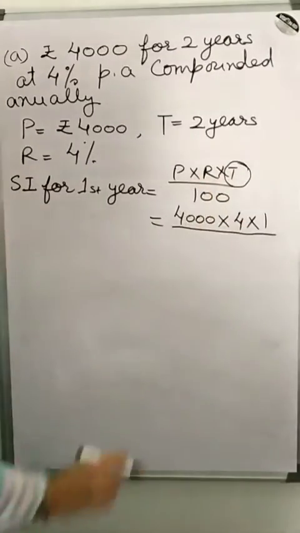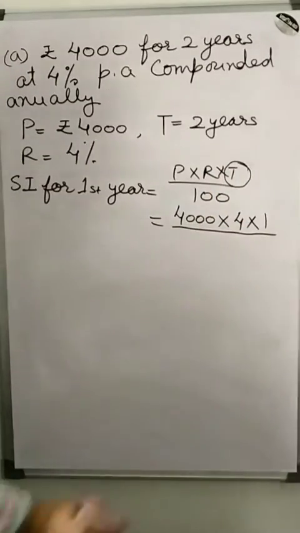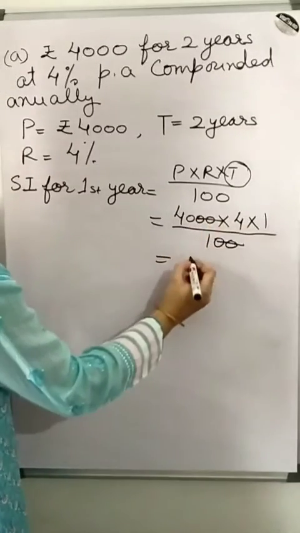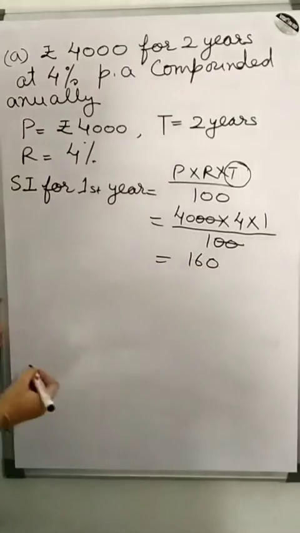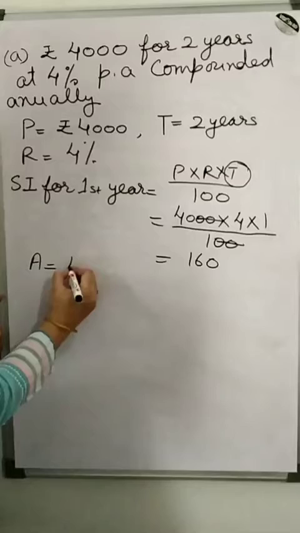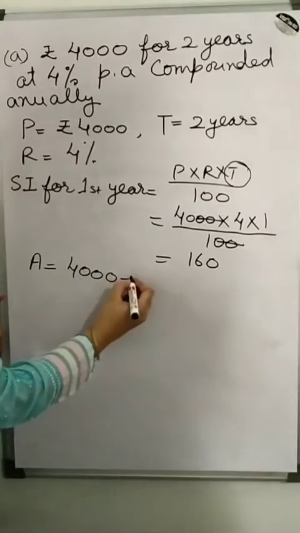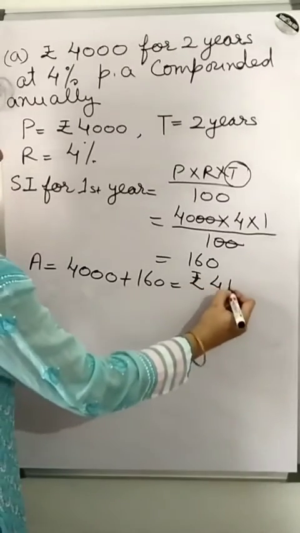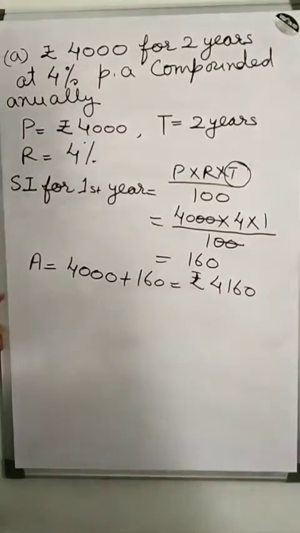Every time you write the value of T as 1. 2 years is given, so you calculate it twice. So the amount is 4,000 plus 160, which is 4,160. This becomes the principal for the second year.